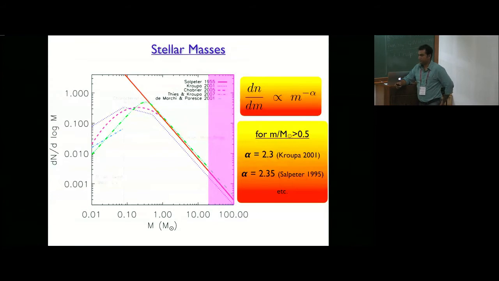That's actually a very good point. For very high mass stars, it's very hard to exactly measure what the mass is, because they lose mass very quickly through strong winds, and they die within a few million years. So the number of high mass stars, well, they form in low numbers, they die very quickly, they change mass very quickly.